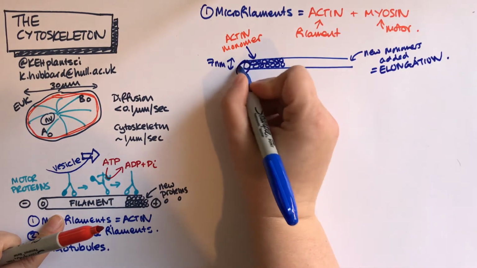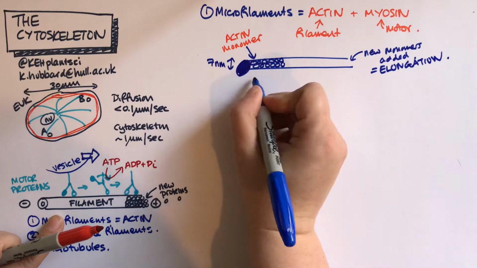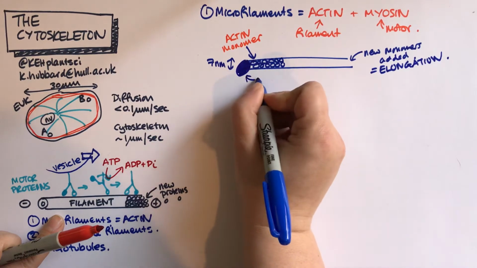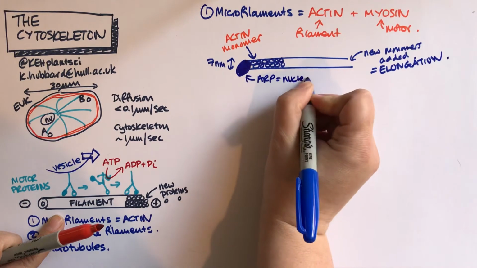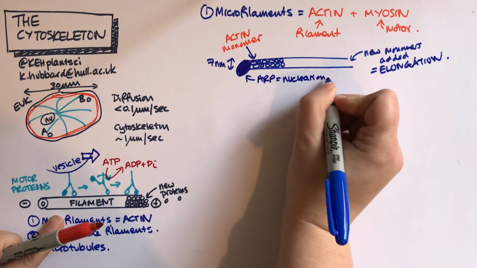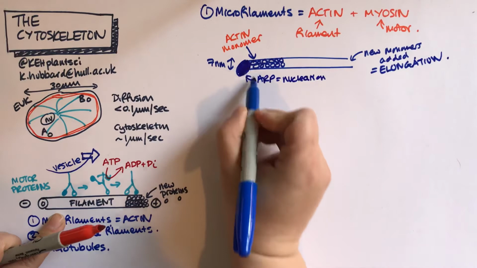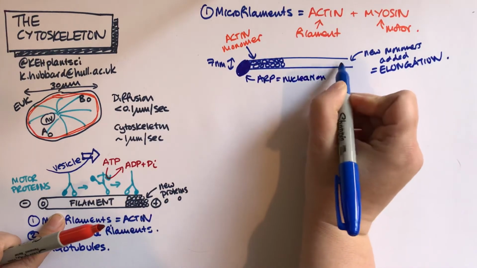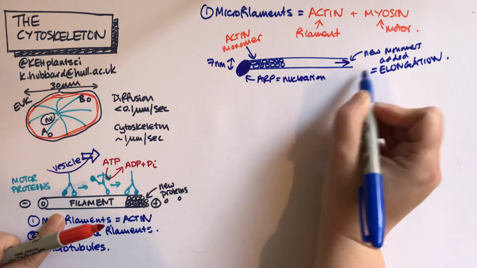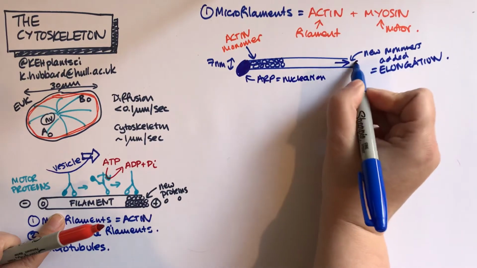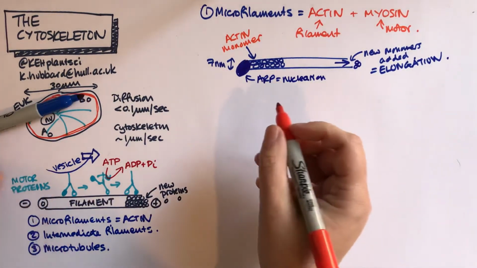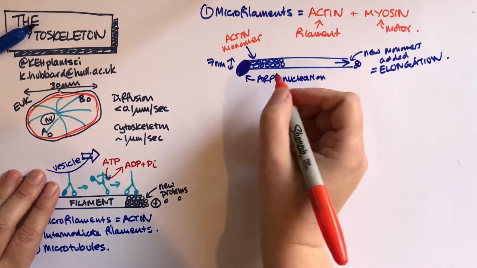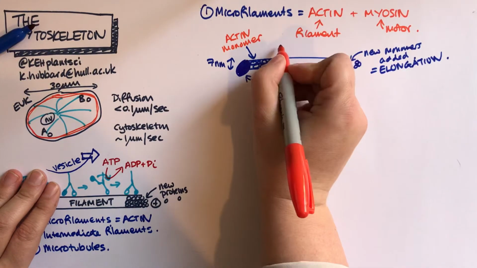So at the end of it, you might find a protein. It's called an ARP, and that's a nucleation site. So that is a protein that gives the filament somewhere to start growing from. So it starts growing from here, it's growing in that direction, and we're adding new monomers on at the end there.